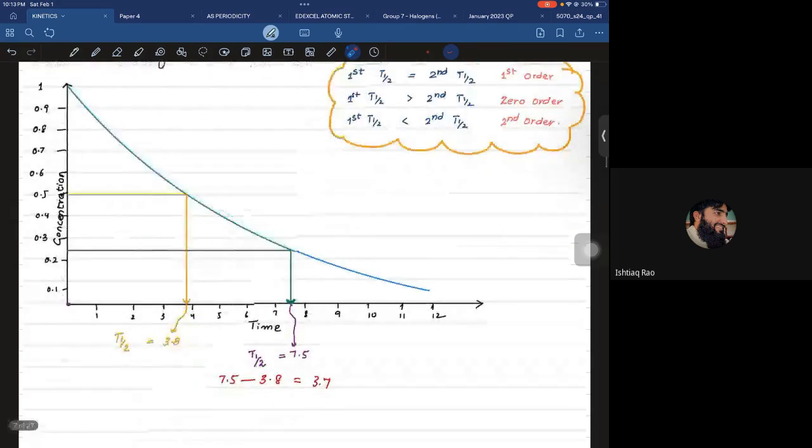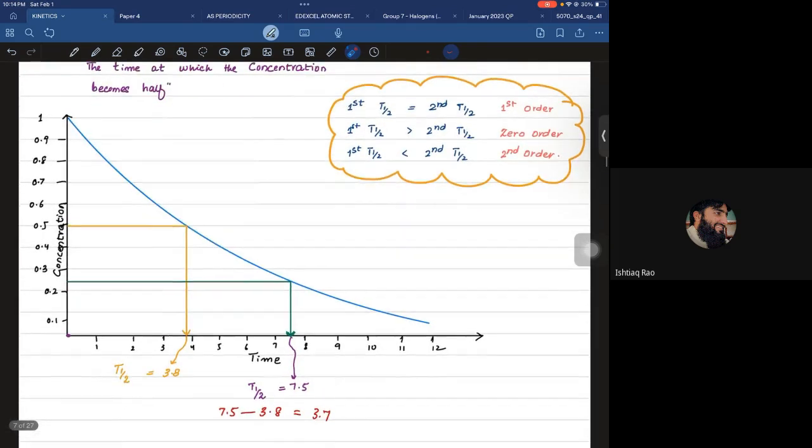Okay, so let's suppose this is the curve in which this is your initial value, that is 1, then this is 0.9, and the concentration is going to decrease as you go down. Since the concentration is 1, the time at which the concentration becomes half, the half of 1 is 0.5. So the concentration is changing from 1 to 0.5.